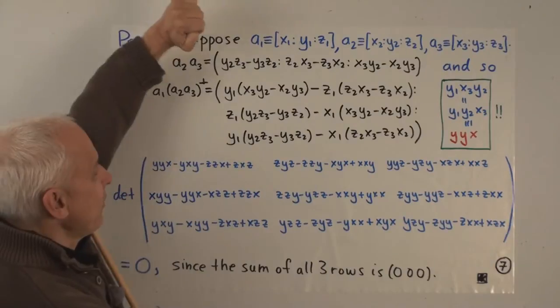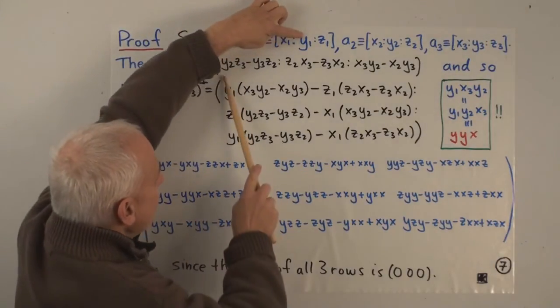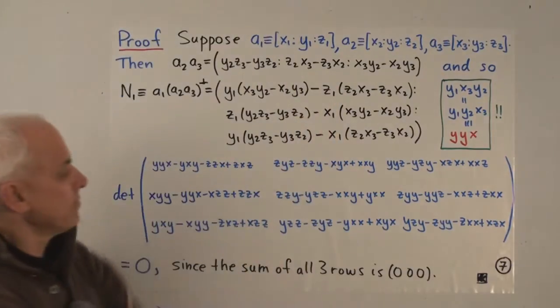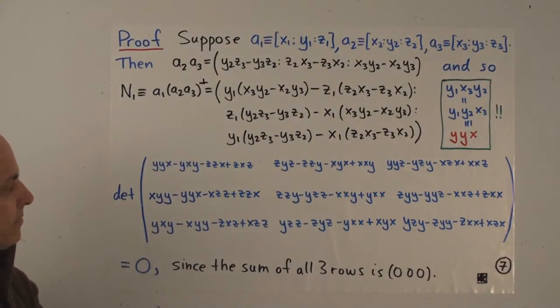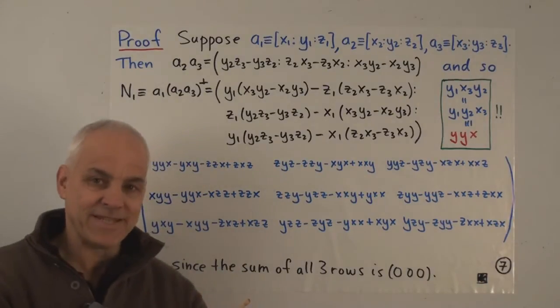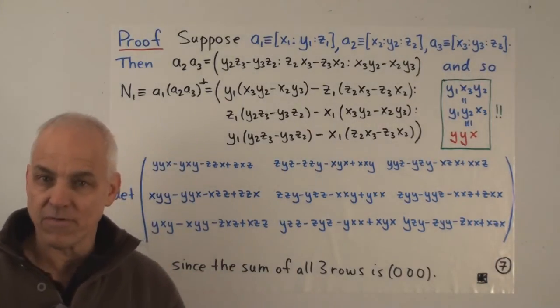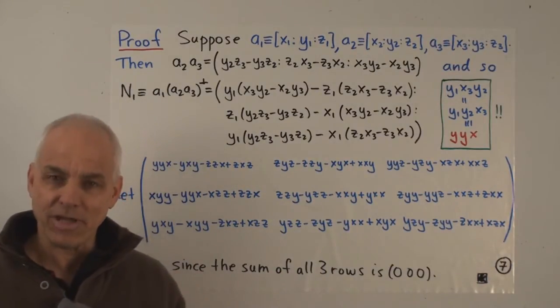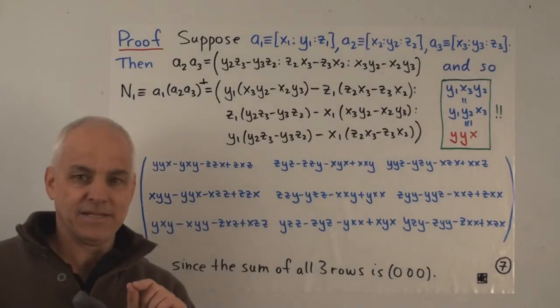And the third coordinate is y1 times this quantity minus x1 times this quantity. And that's the first altitude. And then there's going to be a similar formula for the second altitude and a similar formula for the third altitude.